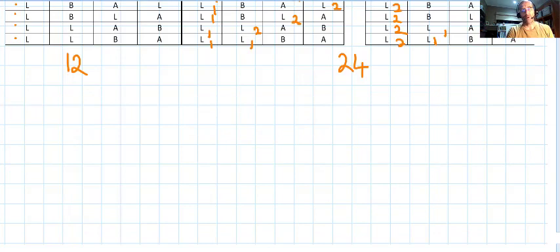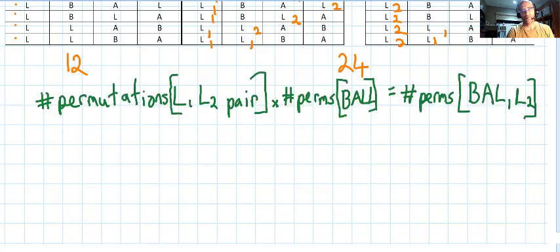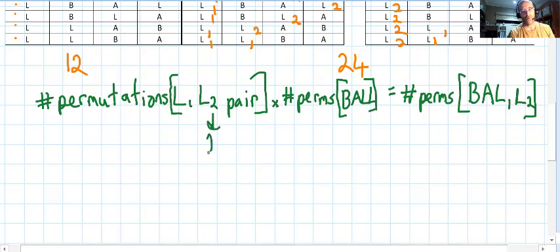So in terms of permutations, we can say the following. The number of permutations of the L1, L2 pair, now by the way, that's 2 factorial from our previous work, or pretty easy to see directly. It's 2, isn't it? You can have L1 then L2 later, or L2 then L1 later.